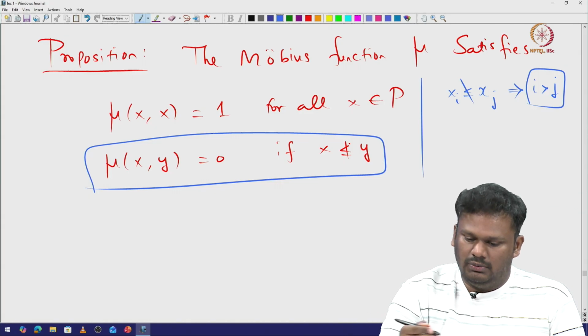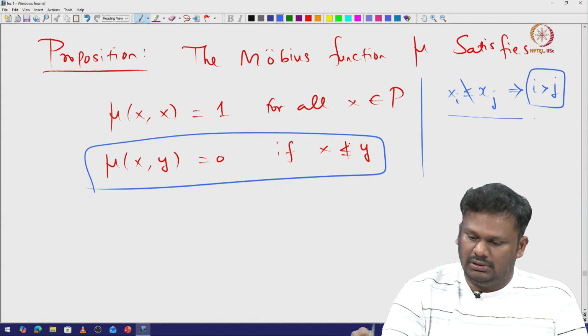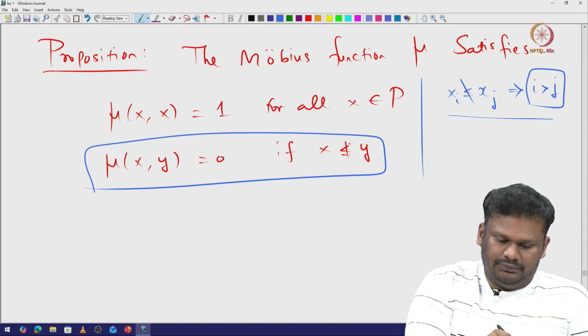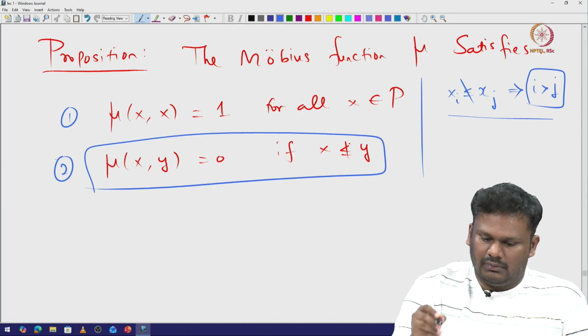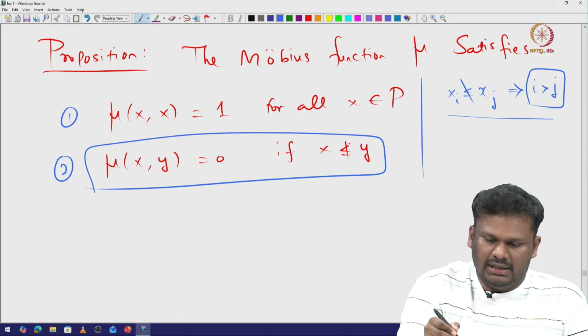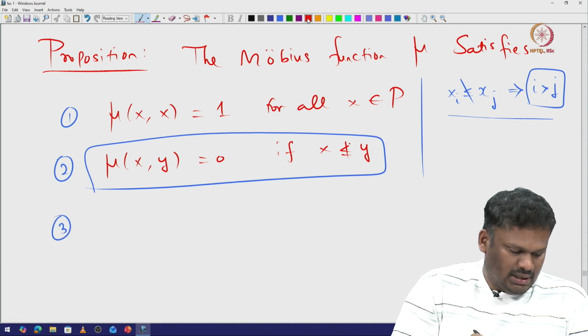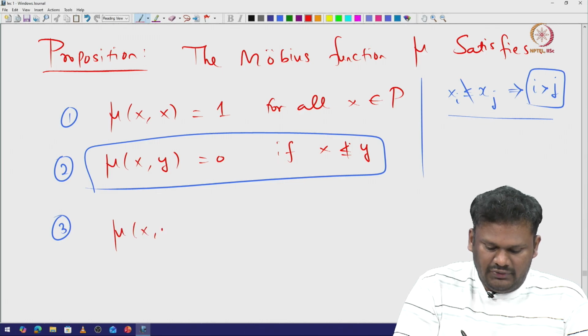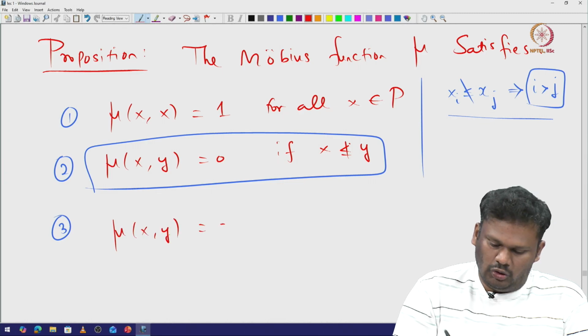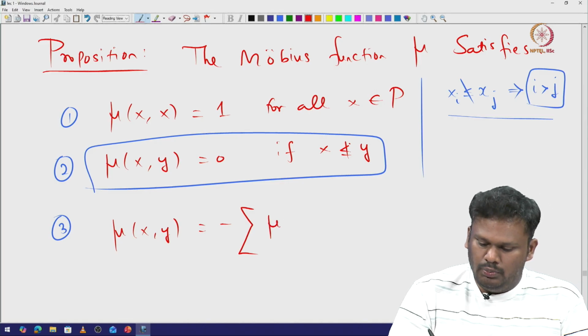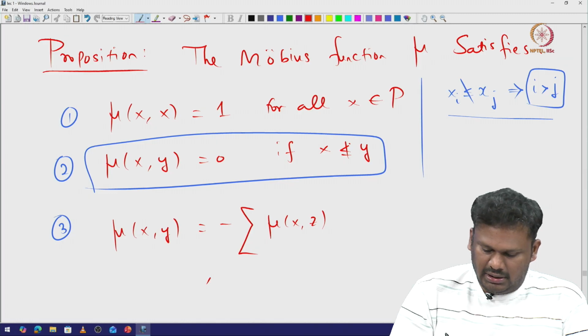But this is something we will directly verify. This is another important defining relation, and here we have the most important one. When we take mu of x y, it can be computed recursively using the following relation, which is given by minus the summation of mu of x z, where z lies in the interval x less than or equal to z strictly less than y.